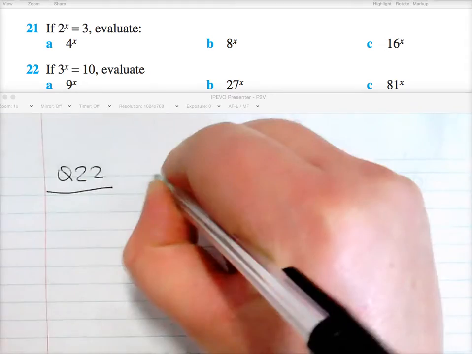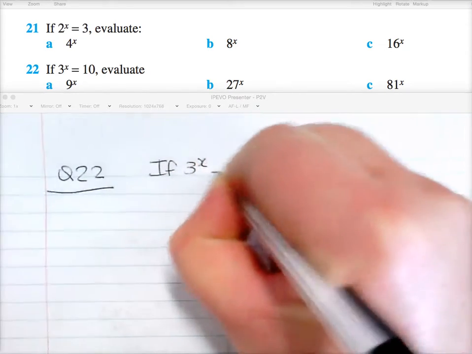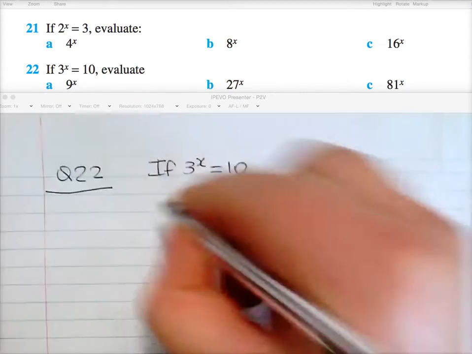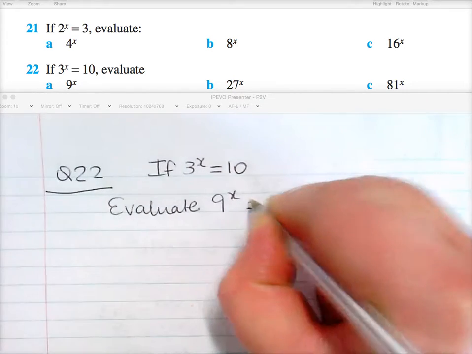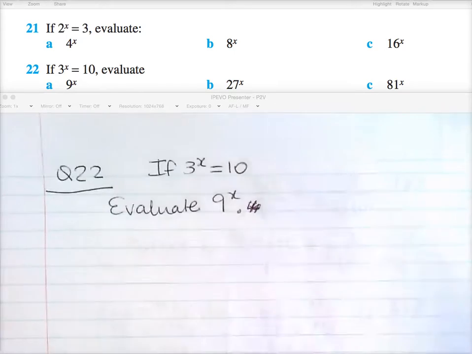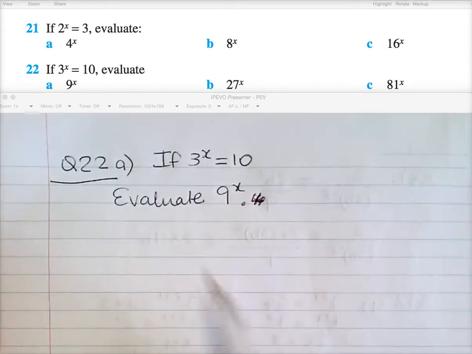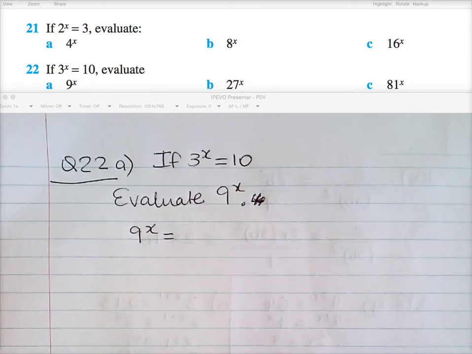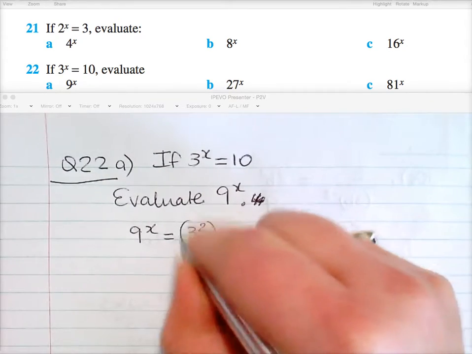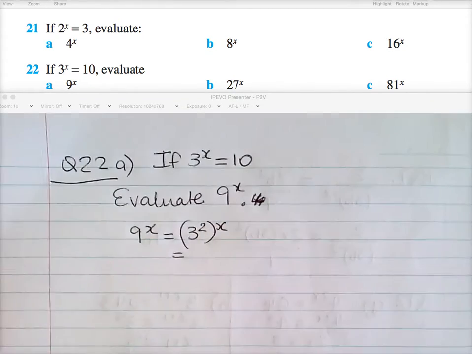Same exercise. If 3 to the power of x equals 10, evaluate 9 to the power of x. I'm doing question 22a. Girls, we're working with base 3s. 9 to the power of x, how can you rewrite the 9? 3 squared.